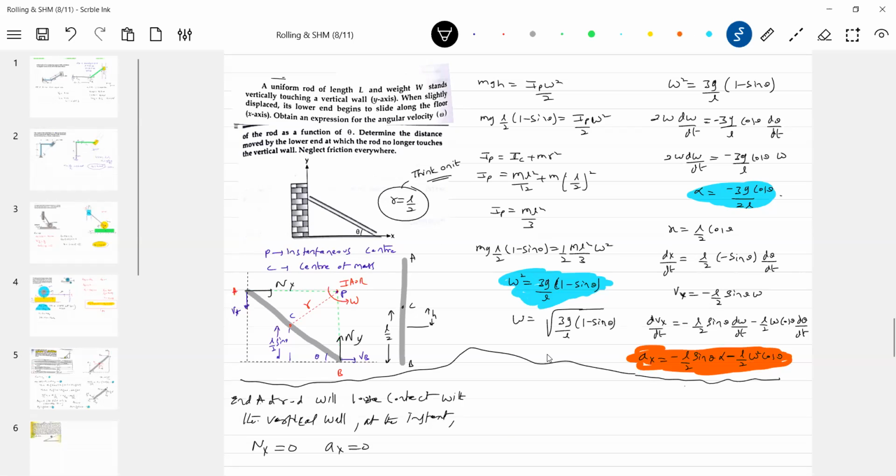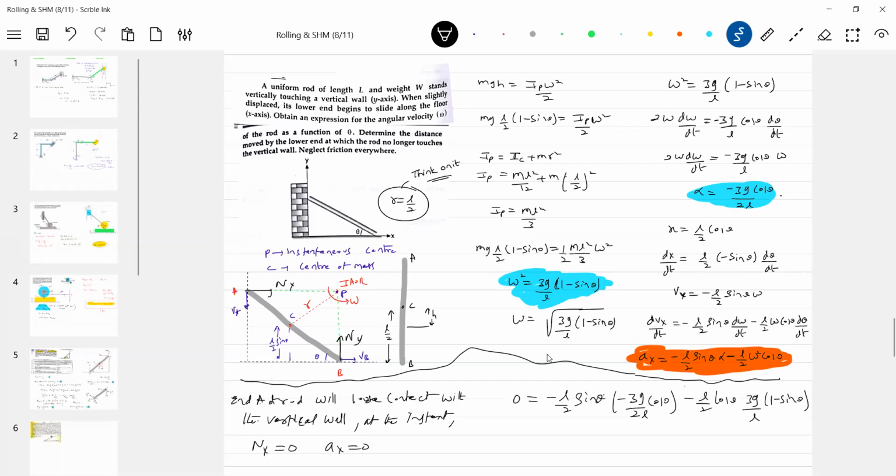Ax will be 0. 0 equals minus L by 2 sin theta times alpha, which is minus 3g by 2L cos theta, minus L by 2 cos theta times omega square, where omega square will be 3g by L times 1 minus sin theta.